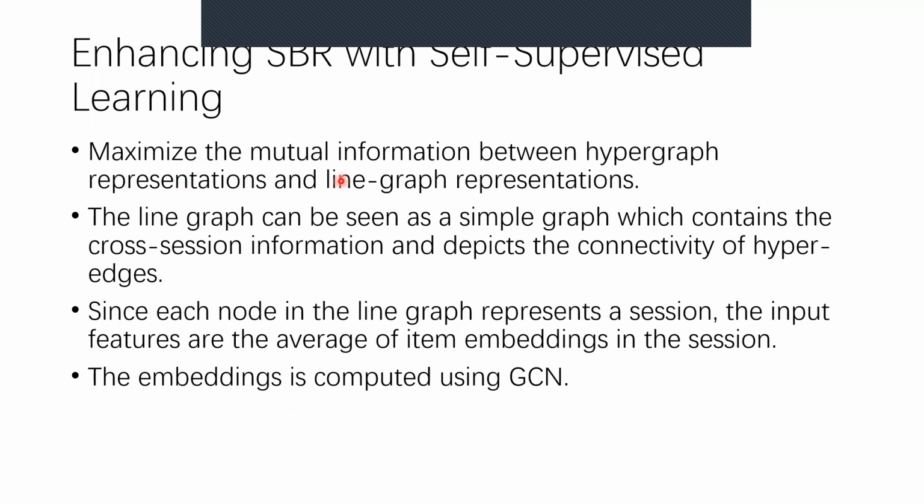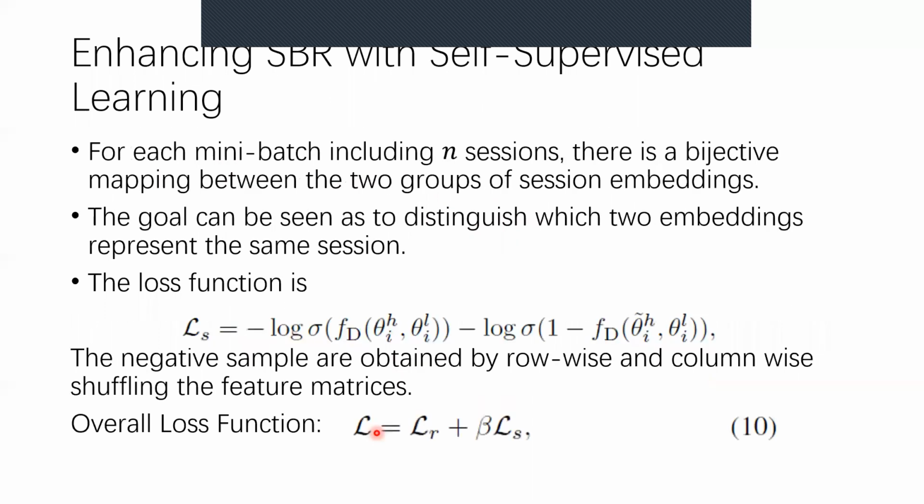And then you try to maximize the mutual information between the hypergraph representations and the line graph representations. So that's what the self-supervised learning task does. For each mini-batch including n sessions, there is a bijective mapping between the two groups of session embeddings. The goal can be seen as distinguishing which two embeddings represent the same session. The loss function is here.